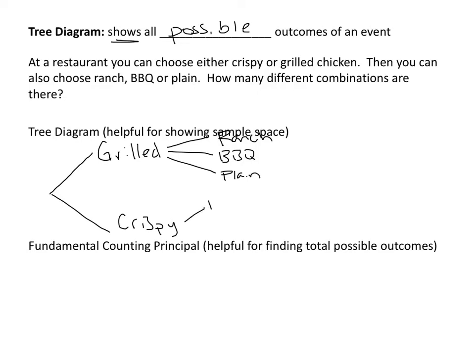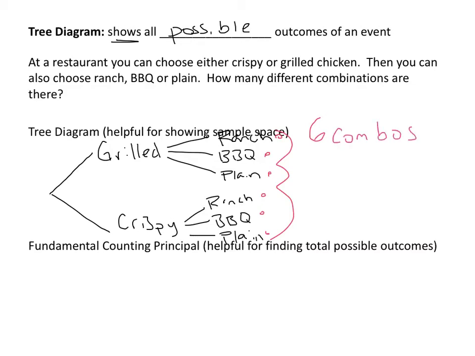Same with the crispy. I could do ranch, barbecue, or plain. Now if I look at the end of my tree, I can count 1, 2, 3, 4, 5, 6. So there's 6 different combinations.